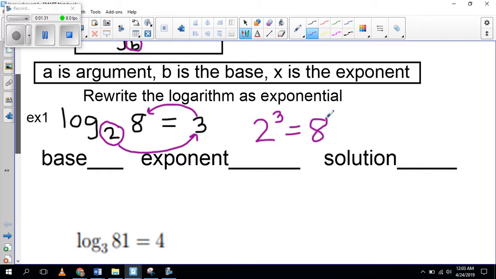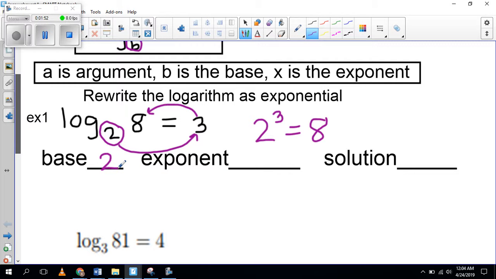And I'm going to help you. First of all, let's identify all these things: the base, the exponent, the solution. We know our base is our b, which is our 2. That's our base.